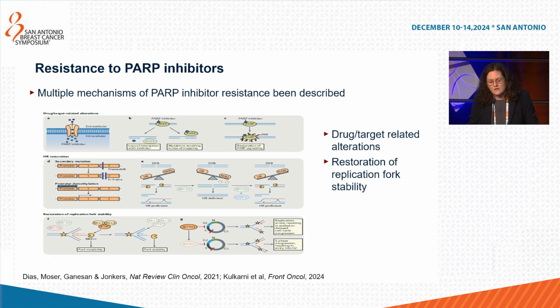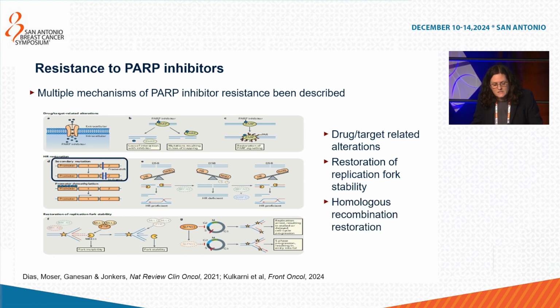Most of these mechanisms of resistance have really been described in the laboratory or preclinical setting, whereas the most common clinically described mechanism of resistance is restoration of homologous recombination, principally through what we call reversion mutations.